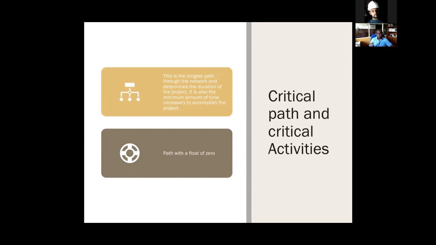Those are critical activities. If that activity is delayed, if that activity takes longer than expected, the project duration is exceeded or project cost will be exceeded. In a practical project, there's a path in the sense. So I'll go to the example again.